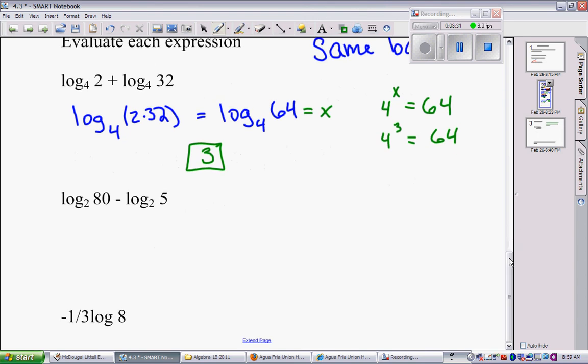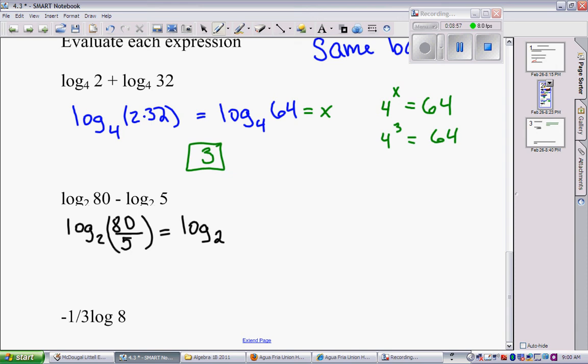Our next example, log base 2 of 80 minus log base 2 of 5. They're the same base of 2. They're minusing, so we write it as division. Log base 2, 80 over 5. 80 divided by 5, you get 16.